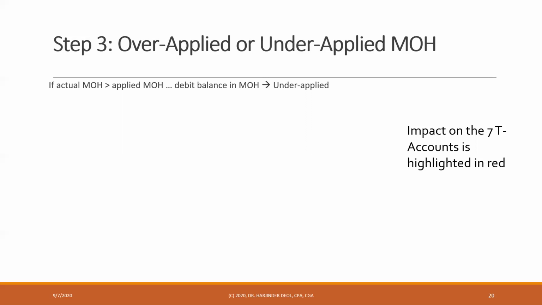If that is the case, then we need to close out the under applied manufacturing overhead. Because there is a debit balance in manufacturing overhead, to close it, we will credit manufacturing overhead, and the debit goes to cost of goods sold.